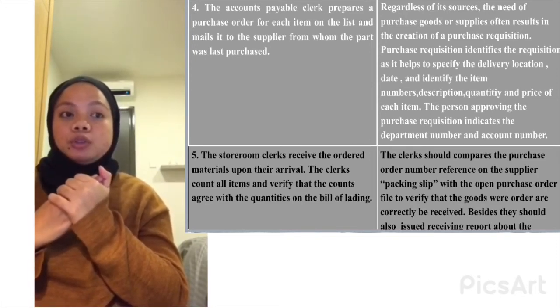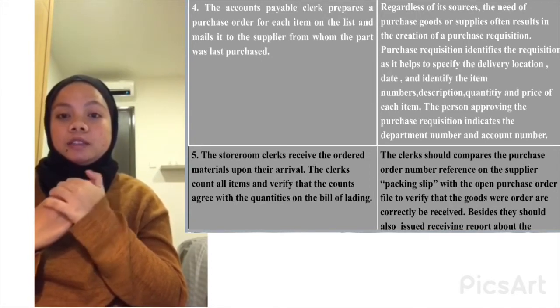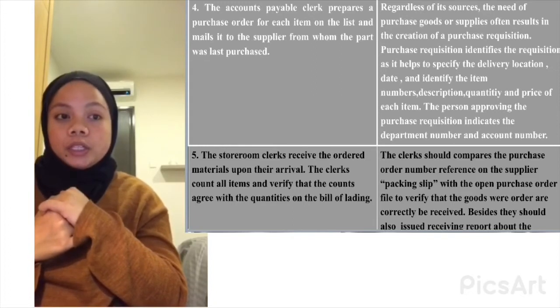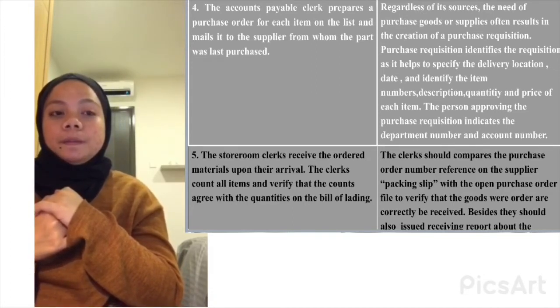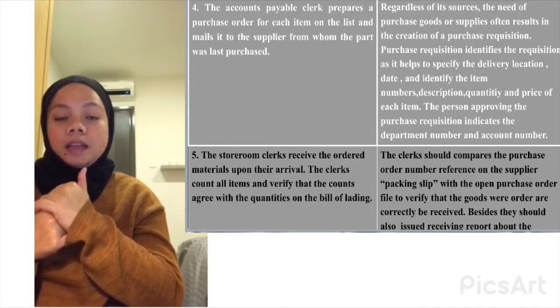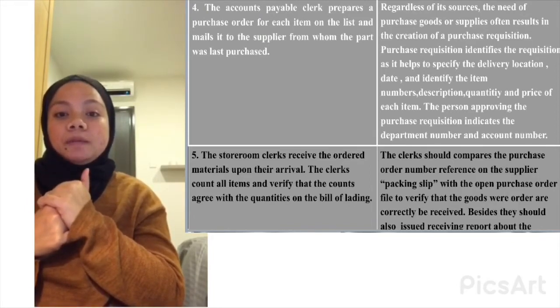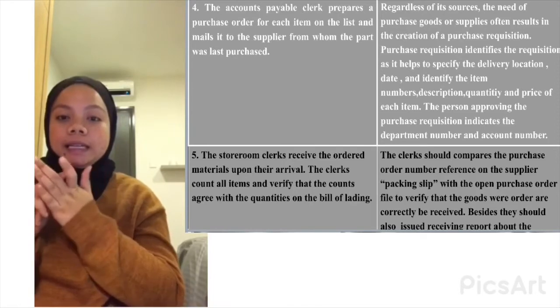The last weakness made by Alvin in his expenditure cycle was that the storeroom clerks receive the ordered materials upon their arrival, and the clerks count all the items, and she would verify that the counts agree with the quantities on the bill of lading.